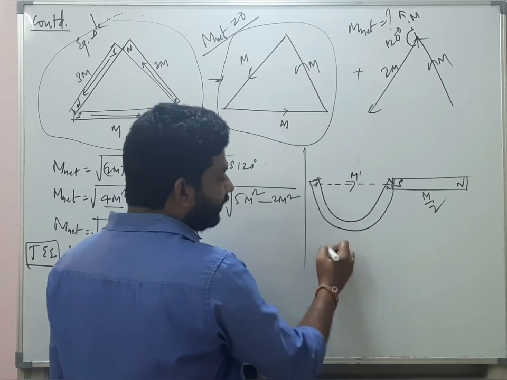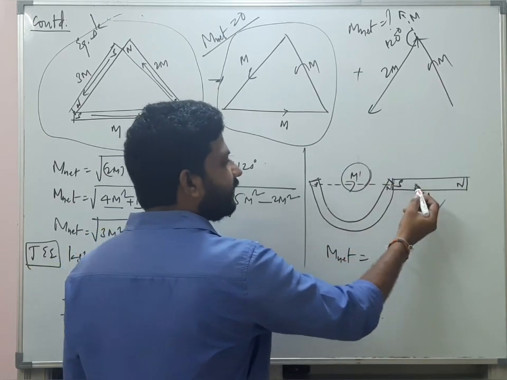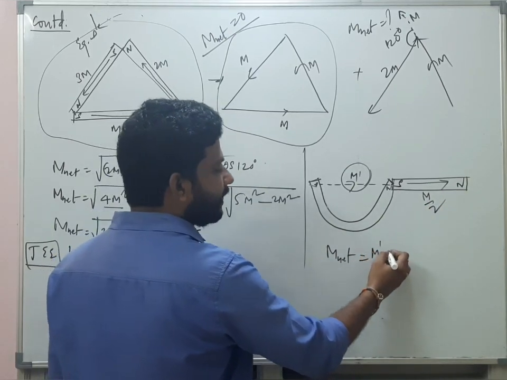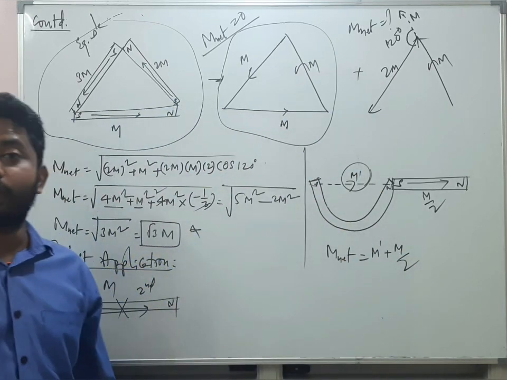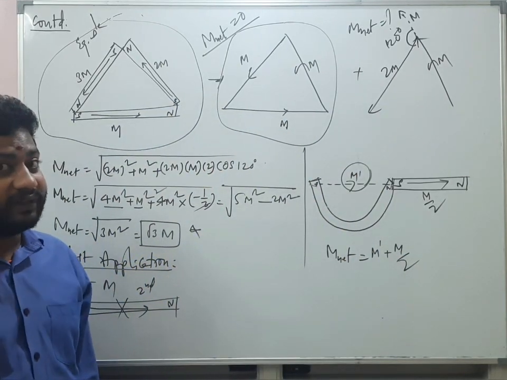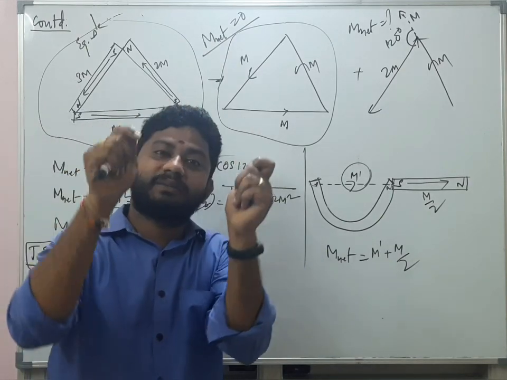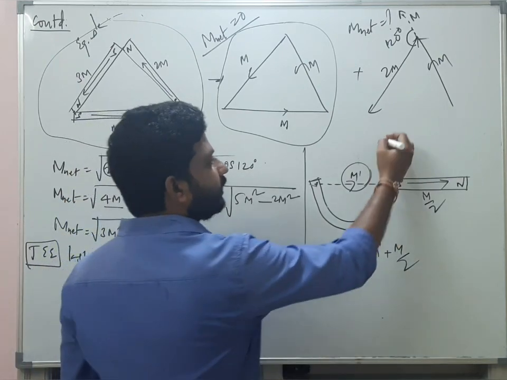So the net magnetic moment will be equal to, because M dash and M by 2 are in the same direction, M dash plus M by 2. And finding this M dash is very easy because in the last class we have derived and proved the result when you bend a magnet into a semicircular arc or any arc. So what is the formula here?